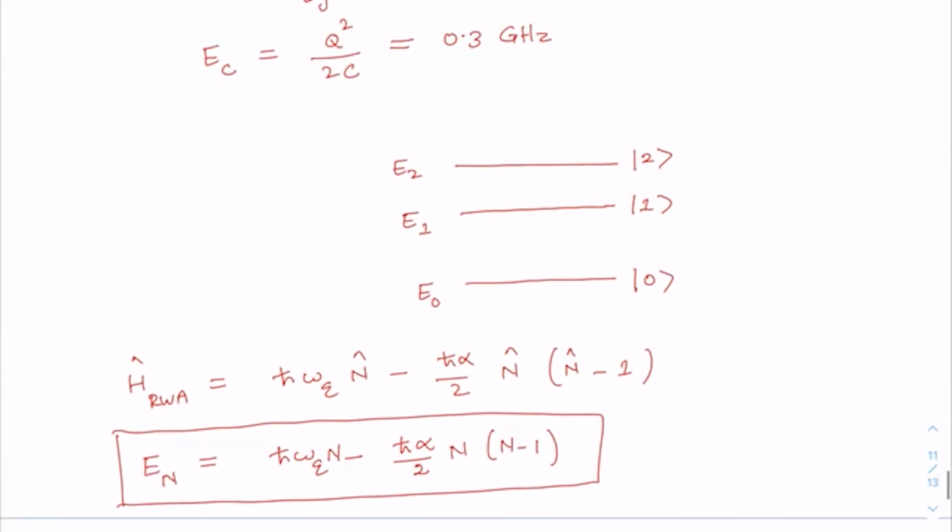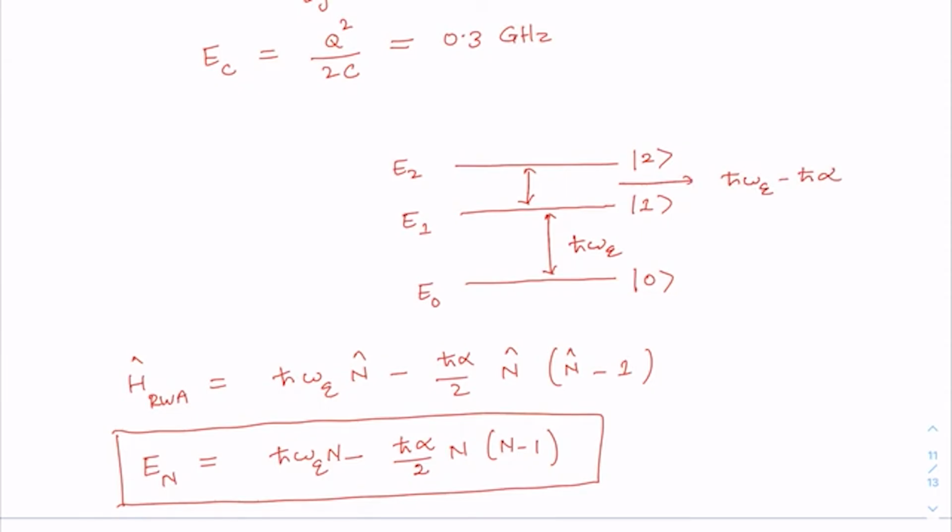So here you see that this energy difference is h cross omega q. On the other hand, this energy difference is h cross omega q minus h cross alpha.